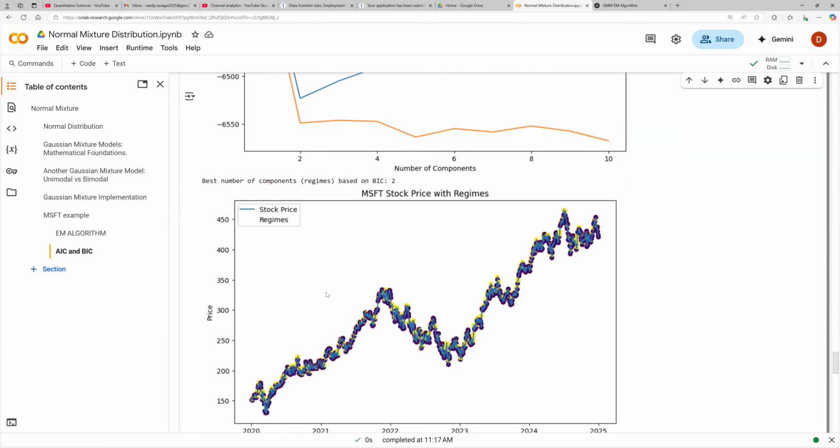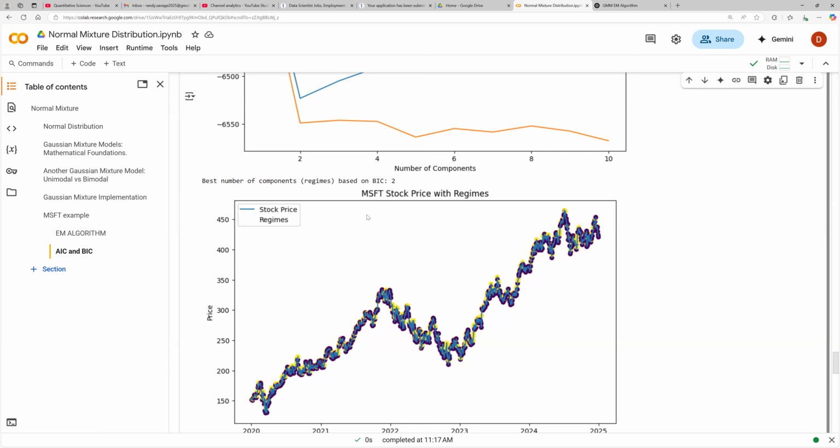And now we could see the regimes here. There are 2 regimes. Here's one bull market and another bull market, so we'll count that as one regime. You could count it as 2 because they might have different mean returns. Here it looks like the increase is more pronounced, and it would have higher mean returns for this regime.